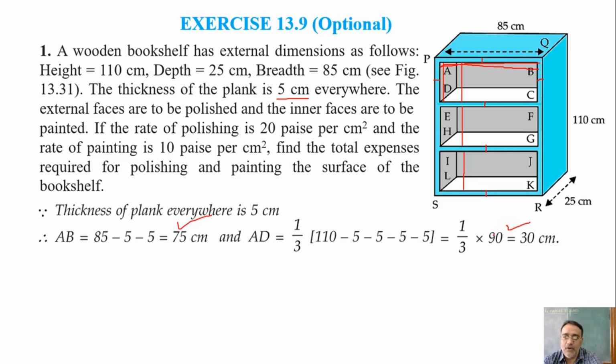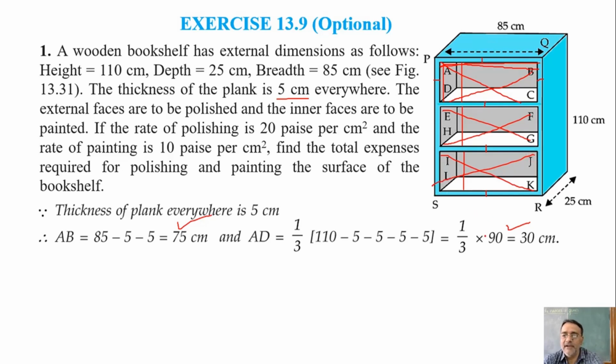Okay. Now, how many area we have to polish? Only the external area. अब external area कितना होगा देखो. सबसे पहले we will find the area of all the 6 faces. Area of 6 faces. केवल यहाँ पर हम लोग को ये वाला area पेंट नहीं करना है, पॉलिश नहीं करना है. The front face. Okay.